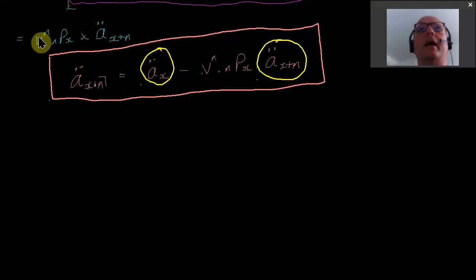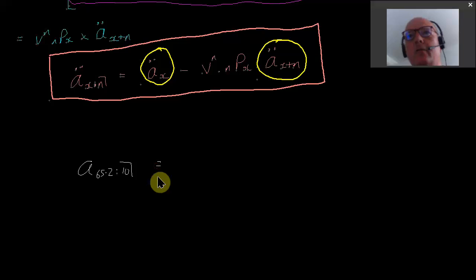Okay, so go back to white. If you wanted to work out a double dot 65.2 for 10 years, all you do is interpolate.